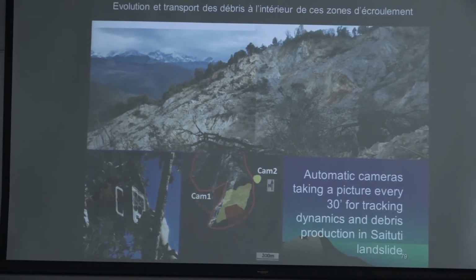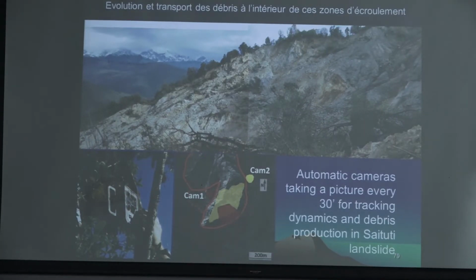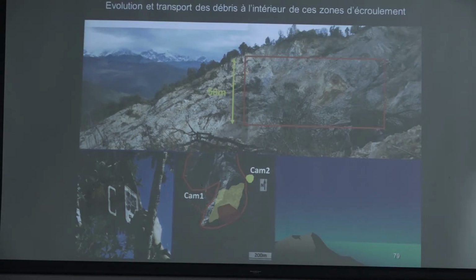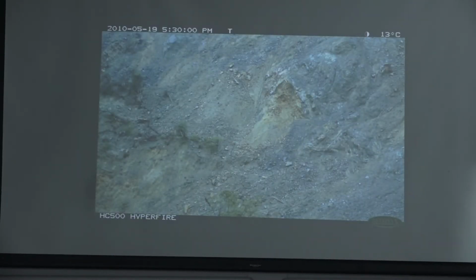And after that, you can analyze and make a choice of one good picture per day and try to make a movie of what you observe. So for example, we are going to look at more or less that part. I don't know if it will be working.